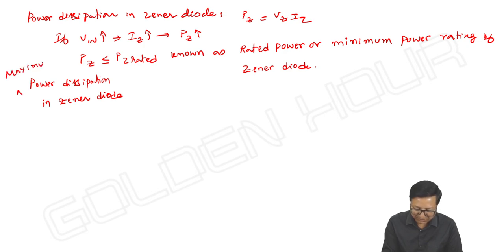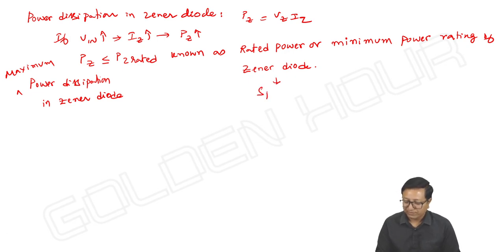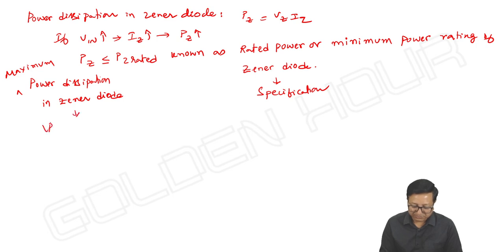Maximum power dissipation in the Zener diode should not exceed its rated power or power rating of the Zener diode. Look at the terminology. It is a specification, and here it is variable. It depends upon the input. Depending upon the input, the power dissipation in the Zener diode varies.